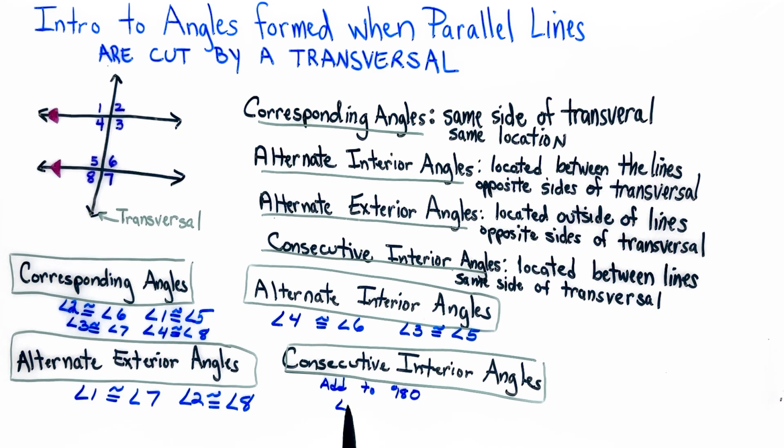So angle 3 plus angle 6 is going to equal 180 degrees. And looking on the other side, we have angle 4 and angle 5. So angle 4 plus angle 5 is going to equal 180 degrees.